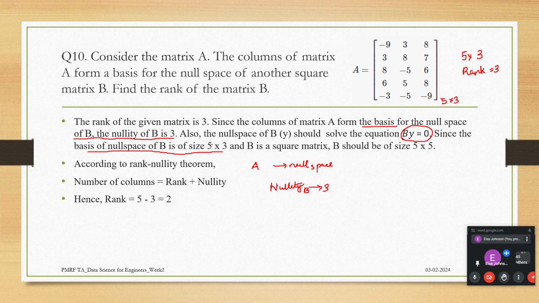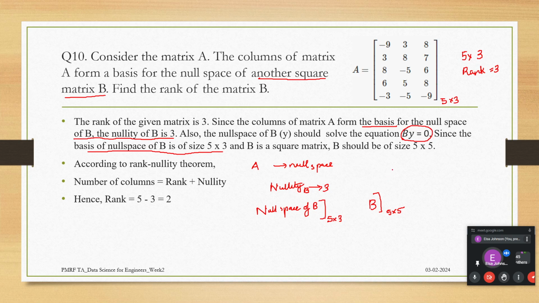Now B is said to be a square matrix in the question. That means B is 5 cross 5.